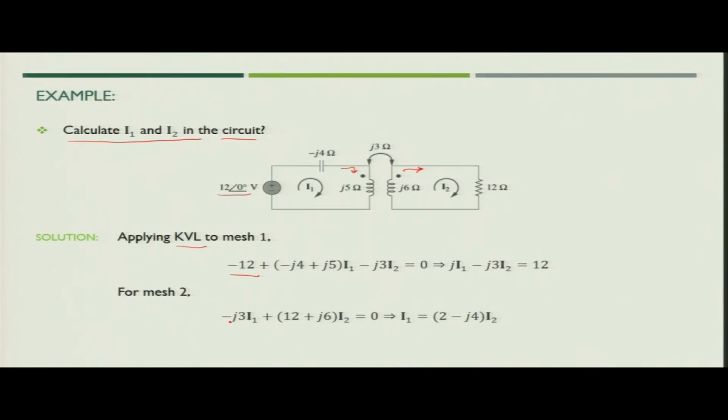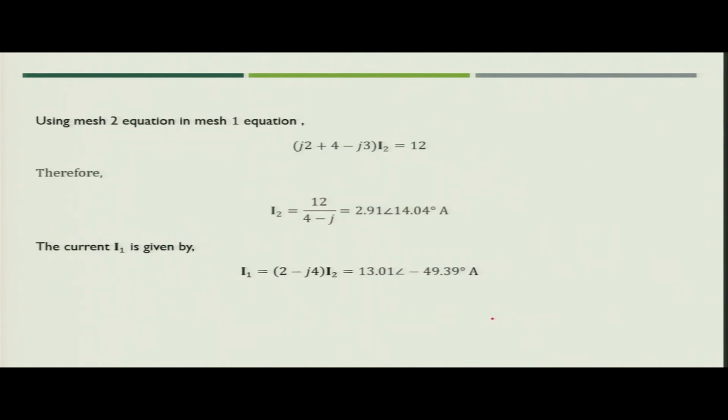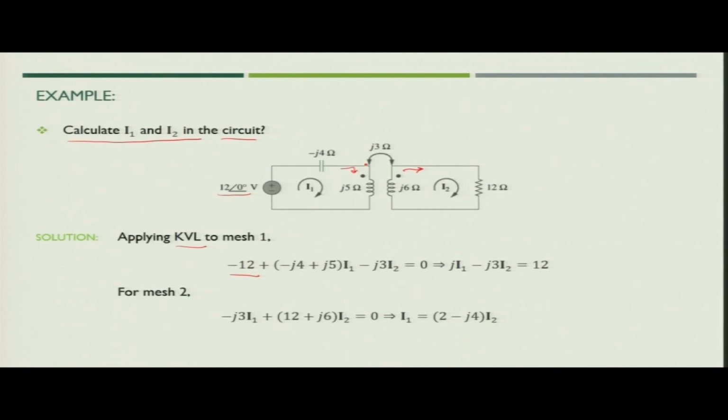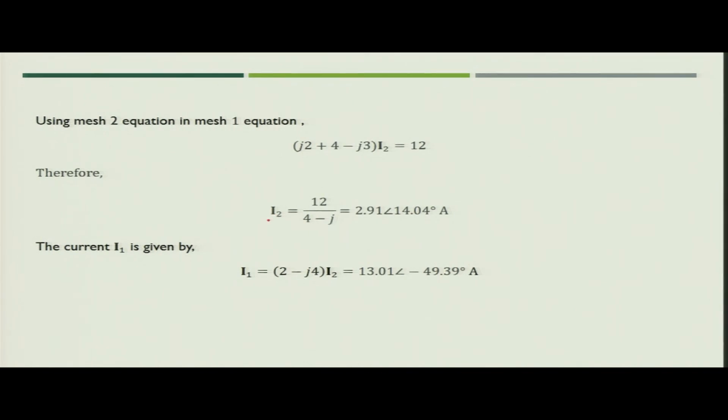For mesh 2 you can write minus J3 I1 plus (12 plus J6) I2, and if you simplify you get I1 is equal to (2 minus J4) I2. You put the value of I2 in the first mesh equation and simplify, and you get I2 as 2.91 angle 14.04, and I1 is equal to (2 minus J4) I2, that is 13.01 angle minus 49.39.